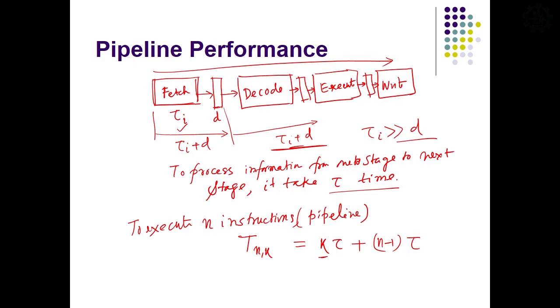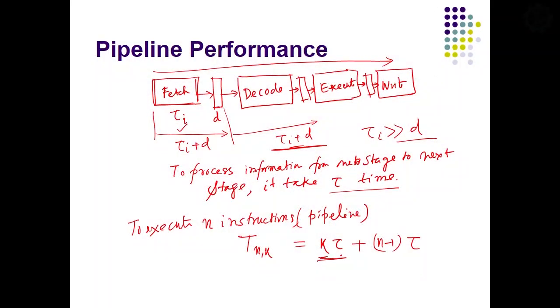It is the same thing. Let us say in the earlier example, that was washer, dryer and fold. How long will it take? You simply add it, that is the first instruction. For the next, it will take the maximum of this. So, this is k tau, and we consider that each stage takes an equal amount of time, that is tau. After the 4th cycle, in the earlier example, every clock cycle will get one instruction. So, the instructions left are n minus 1, and the clock period is tau. Instead of clock cycle, I am saying clock period tau. So, that will be the total time.